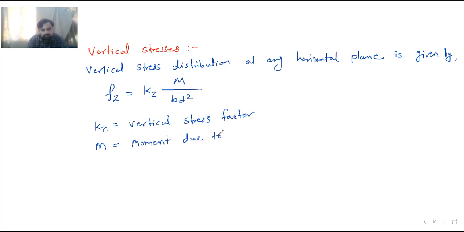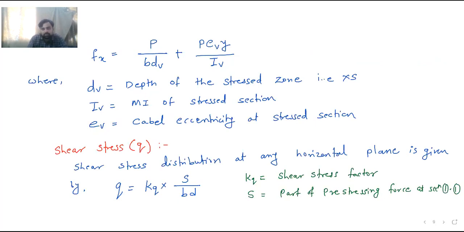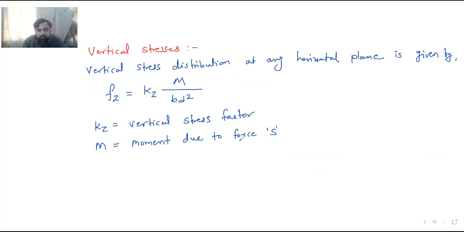due to force S. We have already seen this is S, part of stressing force at section 1-1. So moment due to force S, that moment can be calculated as, at any general section, Sx into any distance y0. We write a general formula: F into D, moment M is equal to F into D, F is the force and D is the lever arm. Similarly, a general formula is written: S at any point X, the force is Sx and the distance of this Sx from the centroid is y0.